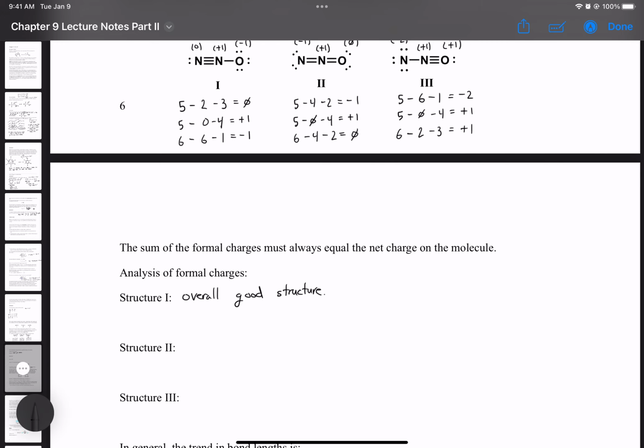The reason is that the formal charges are on appropriate atoms. Okay. And it has the least number of charges.